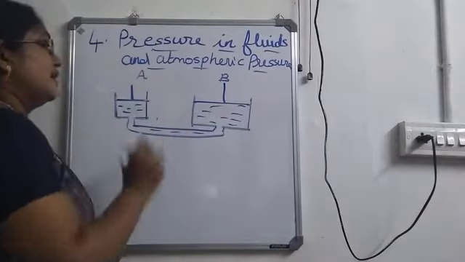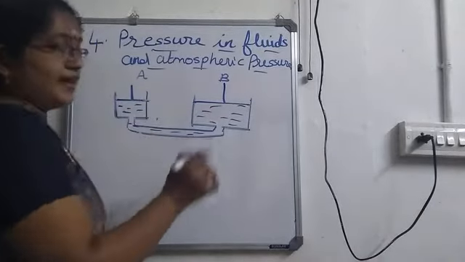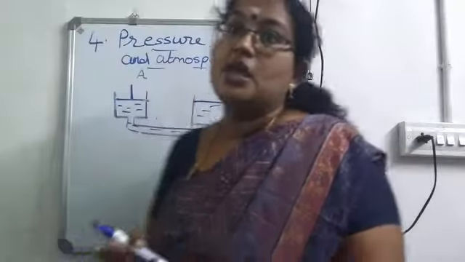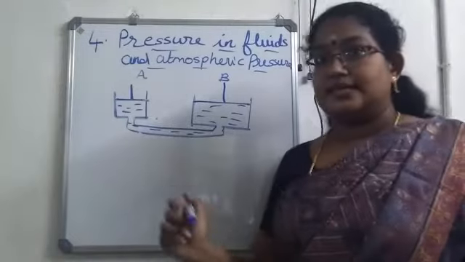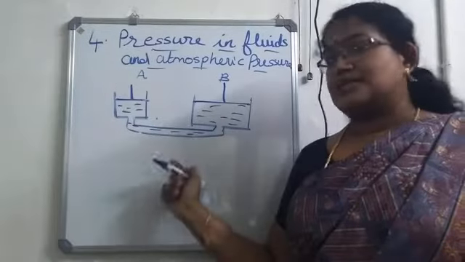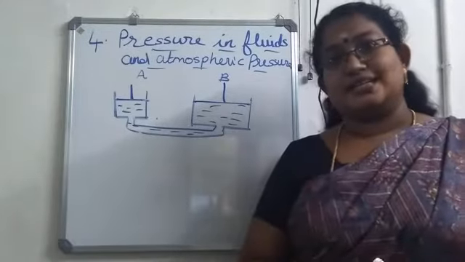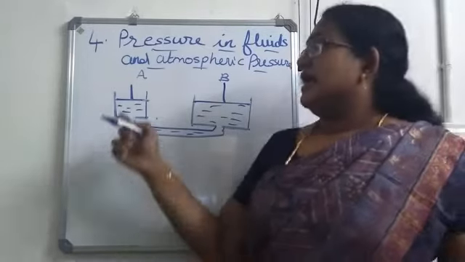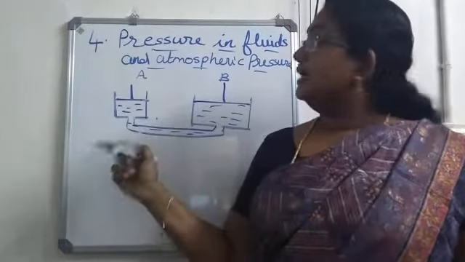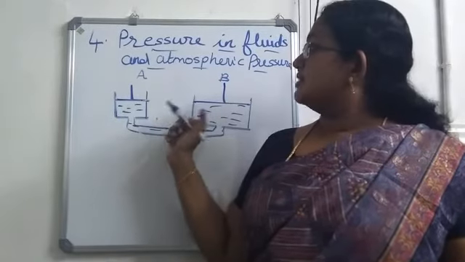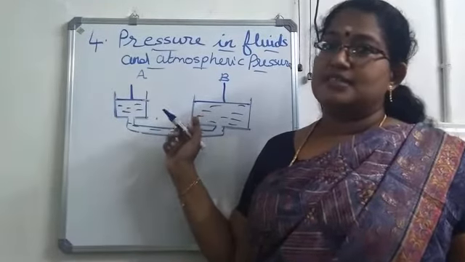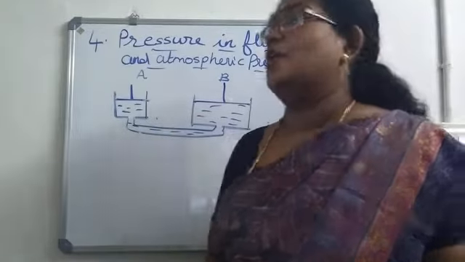This is the structure of any hydraulic machine. A hydraulic machine consists of two cylinders with two pistons, and the bottoms of the two cylinders are connected and filled with water. The area of one cylinder will be more than the area of the other.